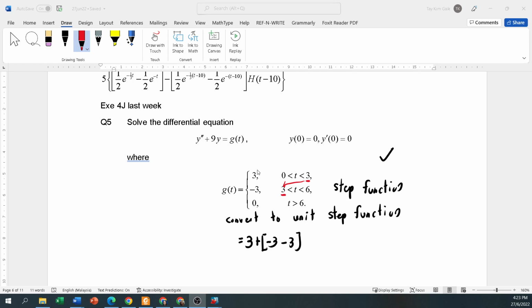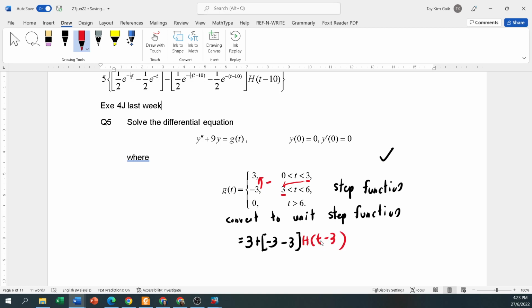To convert it is very easy. The topmost function, 3, you factor out. So you got 3. Take the middle, which is negative 3, minus 3, so add up, negative 3 minus 3. Their connecting point is 3, so this is h(t minus 3).